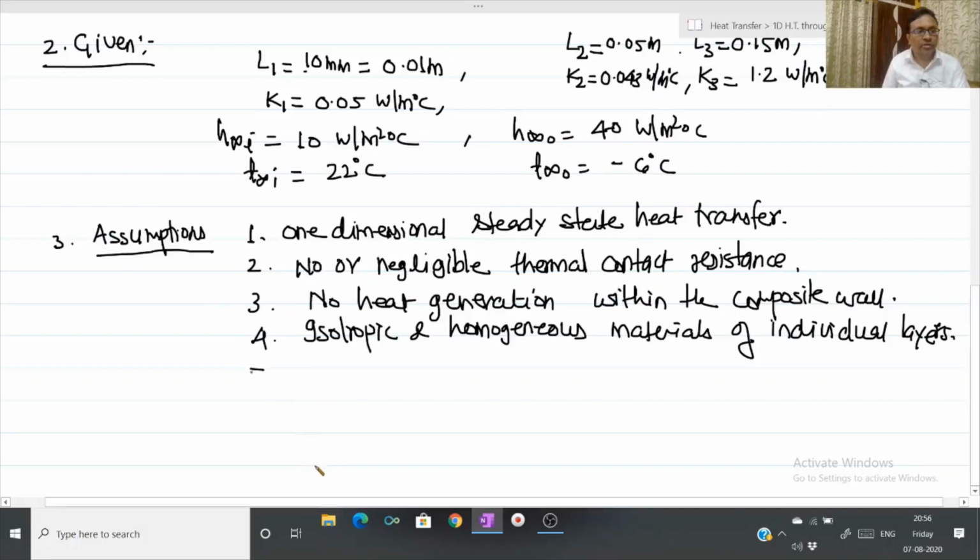So as a consequence of this assumption, K1, K2, K3 will remain constant for the entire slab of the individual material.